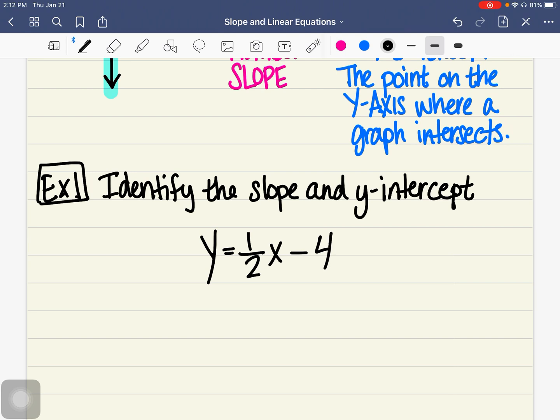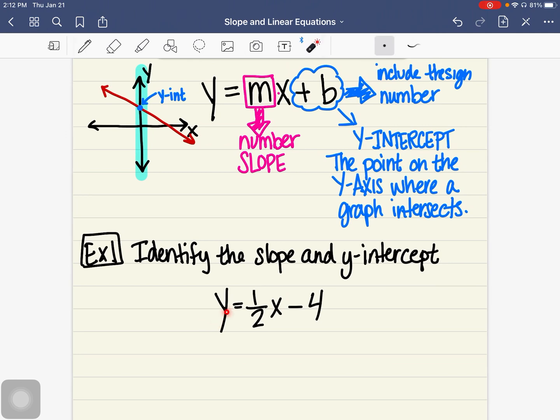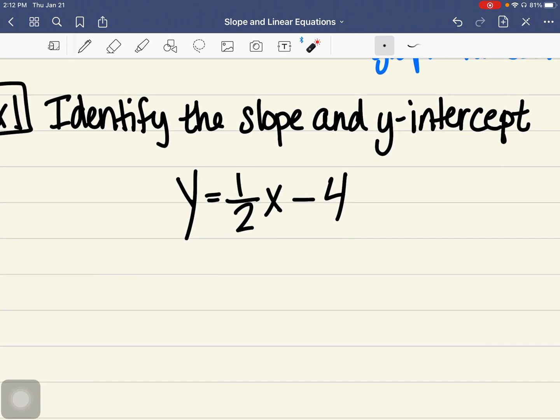Y equals 1/2 x minus 4 is in the correct form. Y is by itself. It's equal to a number, our number happens to be 1/2 times x, and then it's plus or minus a number by itself. So that's in the correct form.